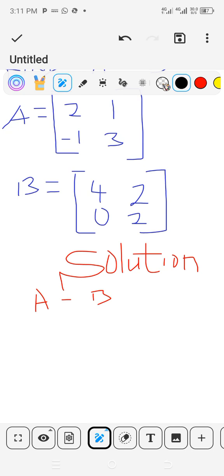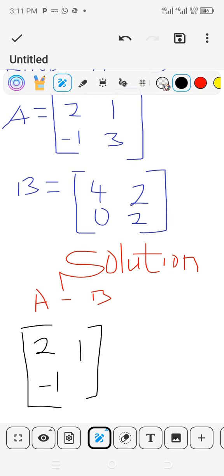So it will be our elements in matrix A, that is 2, 1, minus 1, and 3, minus. Remember, when we were dealing with addition, here was plus, but this time around it is subtraction. That is why we are indicating minus.